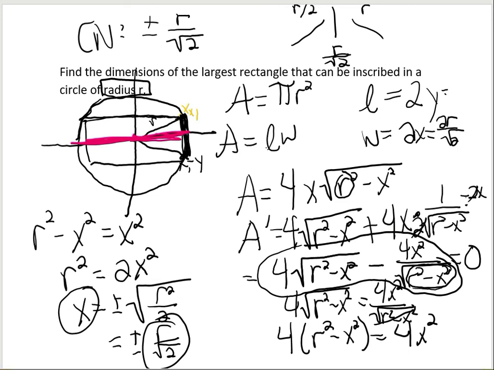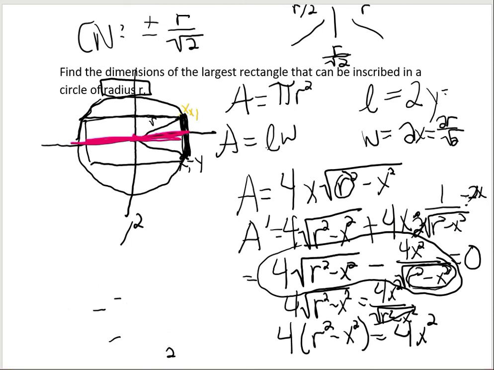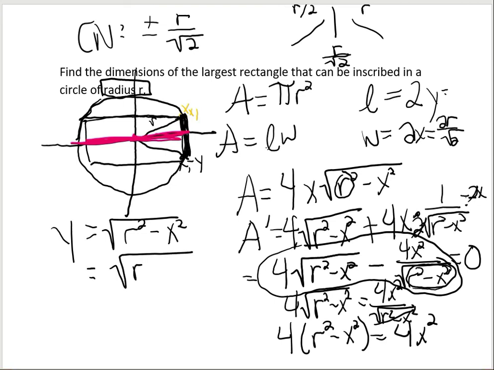Well, you go back to the fact that y is equal to square root of r squared minus x squared, or r squared minus r squared over 2, just by squaring this number, which gives you r squared over 2 again.